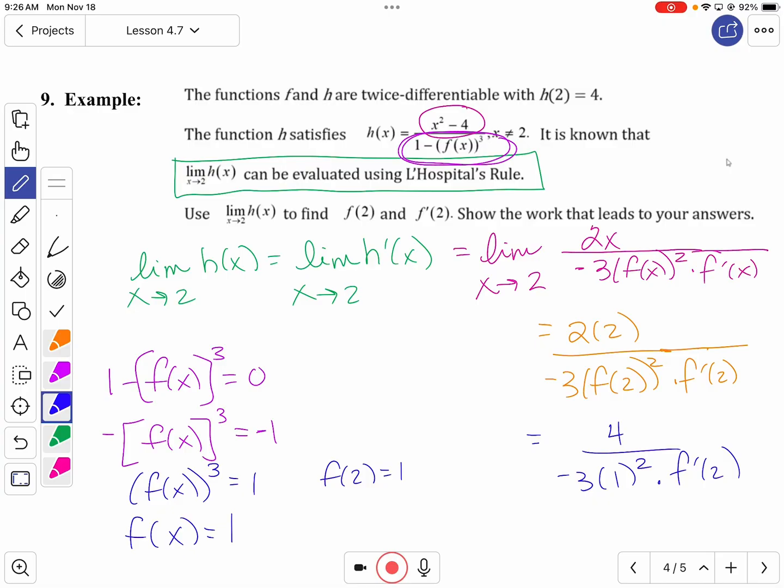Thoughts? All right, think for a second about what the limit as x approaches 2 of h of x would have to equal.